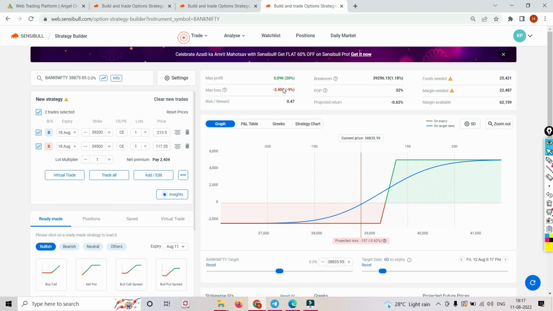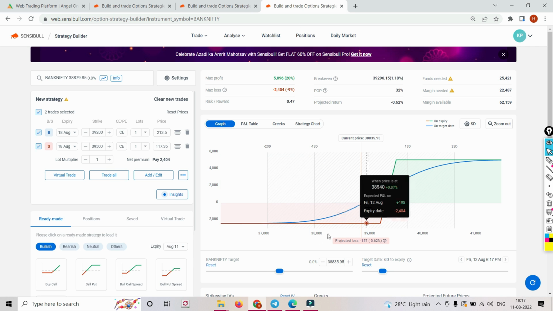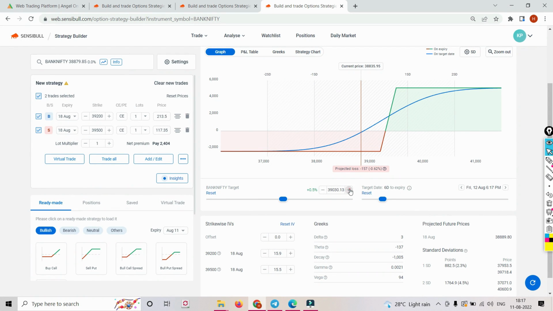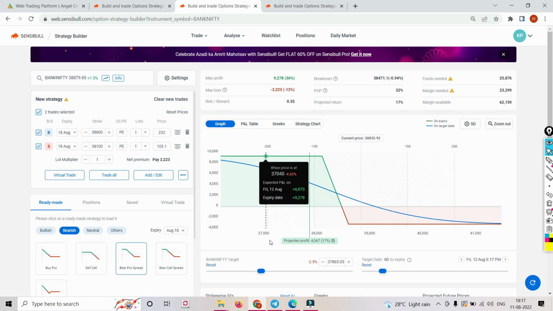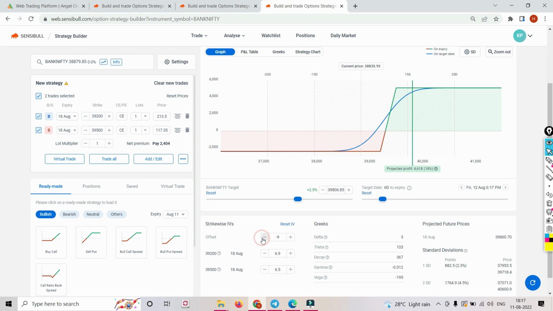Are these matching? 5,000, 2,000 more or less. Now I'll take the market up 2.5%, the same as before, and the VIX will decrease here, because when the market goes up, the VIX will decrease.